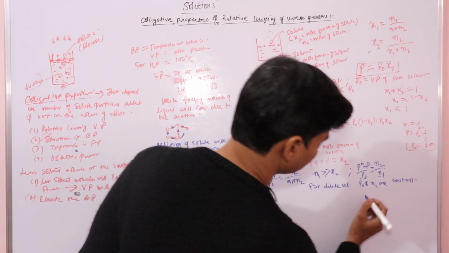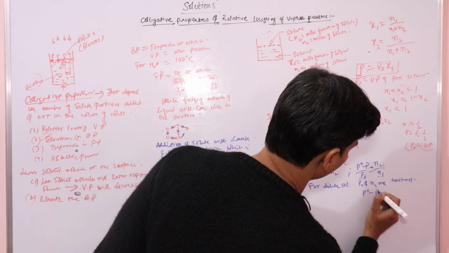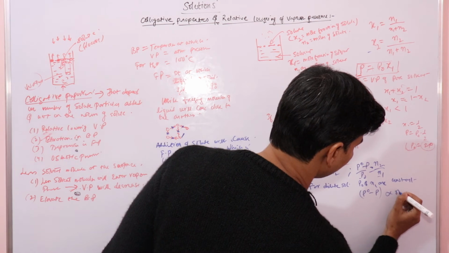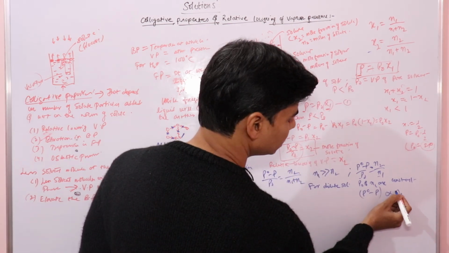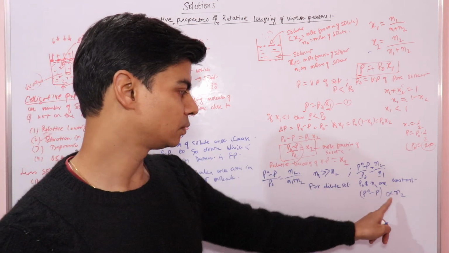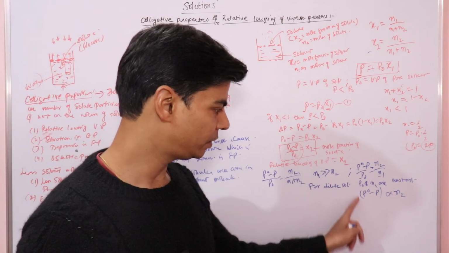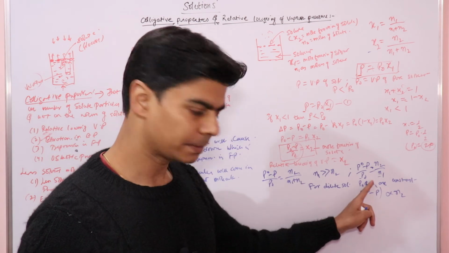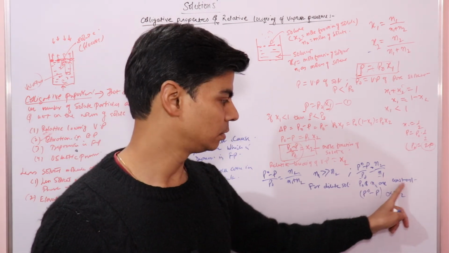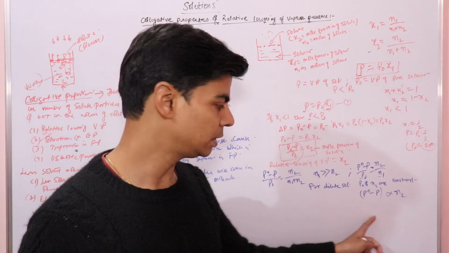So we can write P0 minus P as directly proportional to n2, the number of moles of solute. This is what we had to prove. From here we proved that lowering in vapor pressure is directly proportional to the number of moles of solute, right?